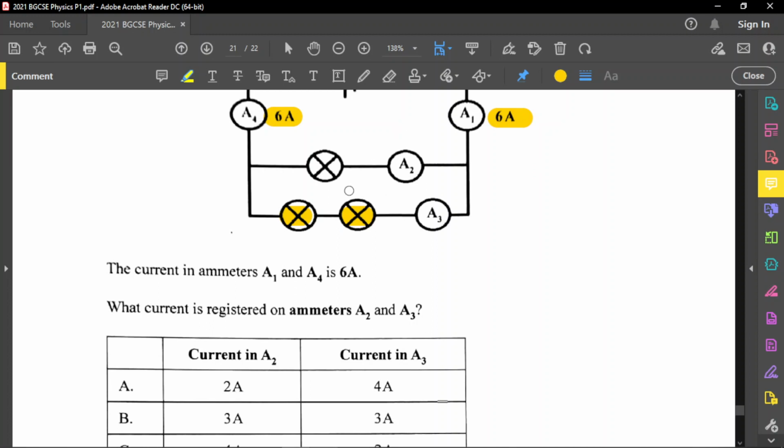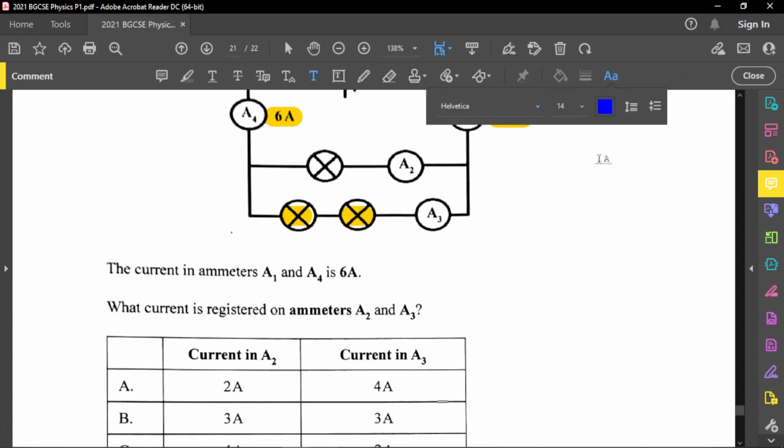So I'll write it down. The ratio is 2 to 1, so 1 is for A1 and 2 is for A3. The readings on these two must be the same, but the current will be shared among these two.